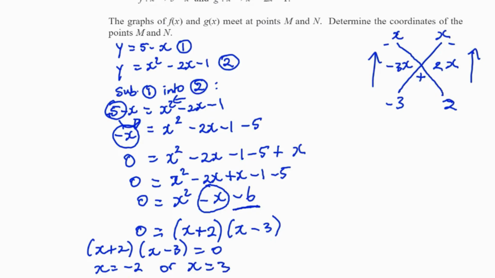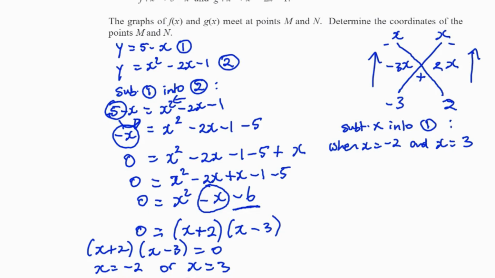So now we have two possible values of x. So all we need to do now is find y. Okay, so we're going to use equation 1. We're going to substitute x into equation 1, and we have two x values. Okay, so let's do the first one. When x is equal to minus 2 and when x is equal to 3, so let's do this.